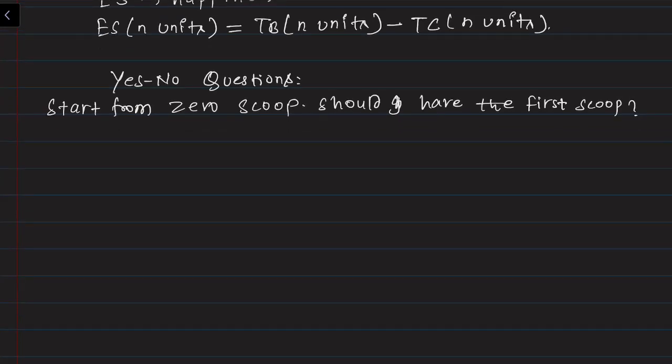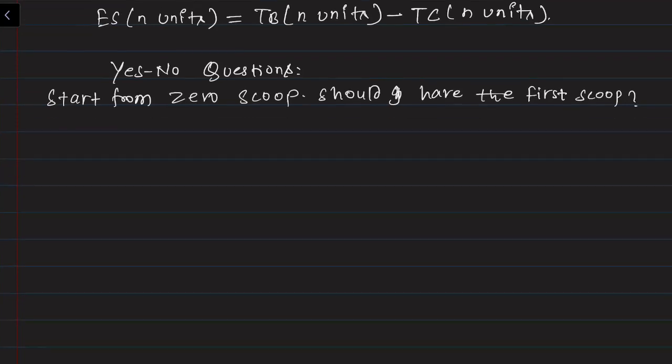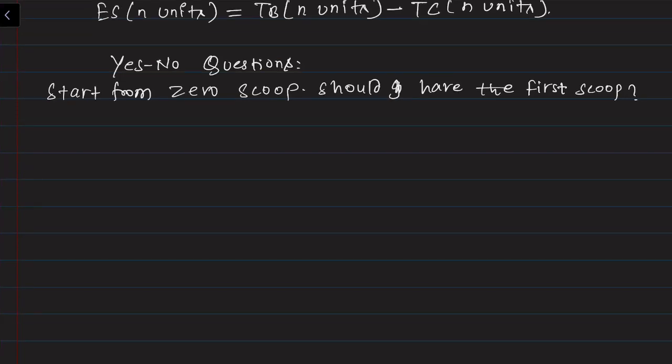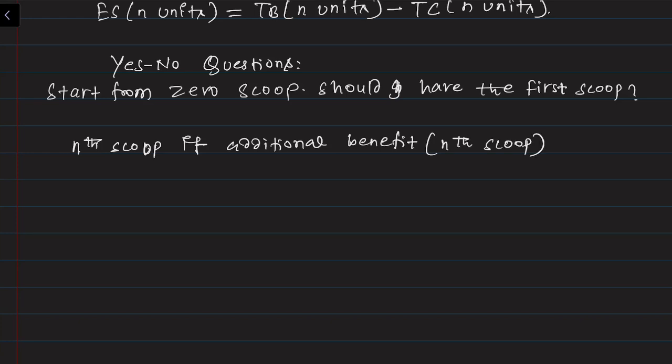And similarly, I can ask the second, third questions, and so on. So I should consume the nth scoop of ice cream if additional benefit of the nth scoop is larger than the additional cost of the nth scoop of ice cream.